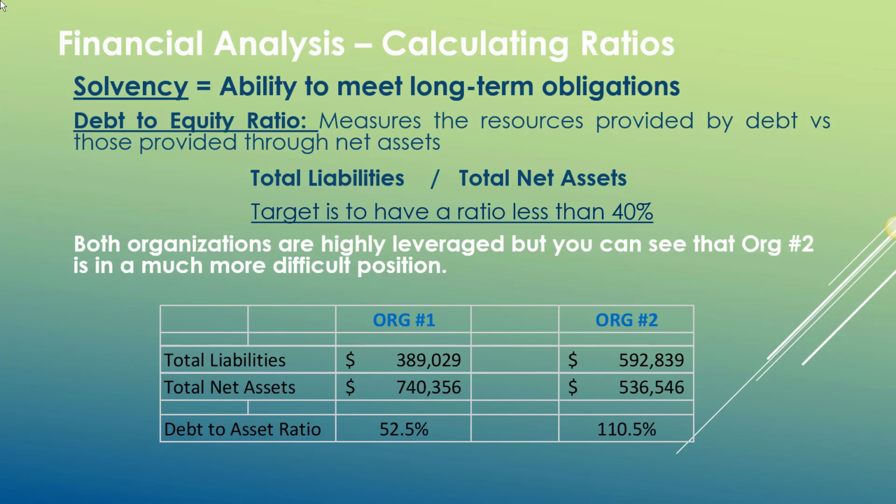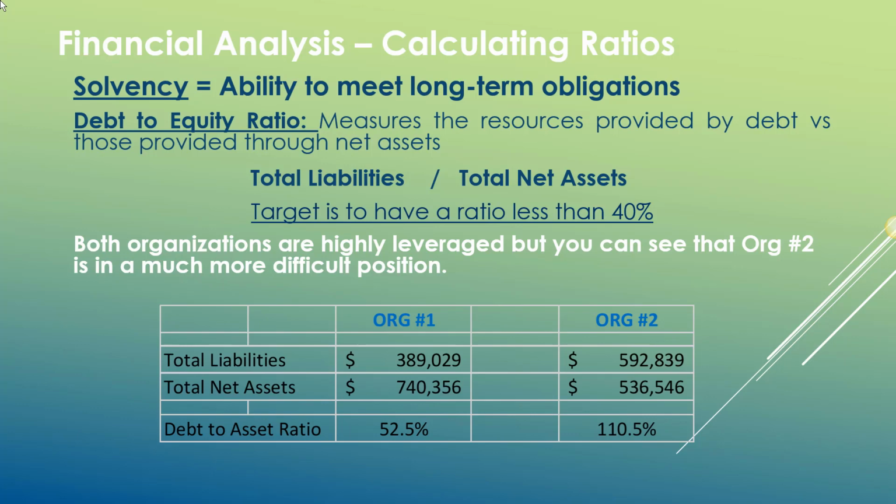Using the same organizations as in the prior example, organization one, which did have a debt-to-asset ratio of less than 40%, has a debt-to-net-assets ratio of 52.5% versus organization number two that has an even higher debt to net assets ratio of 110%.